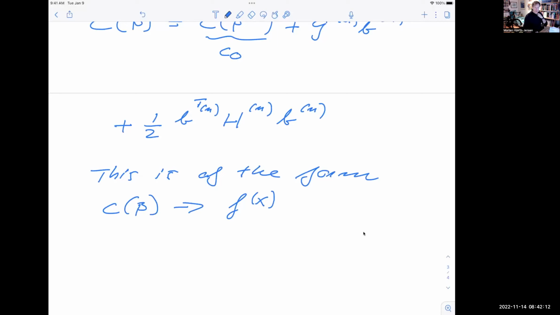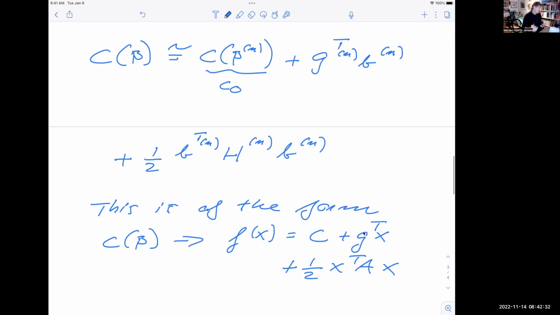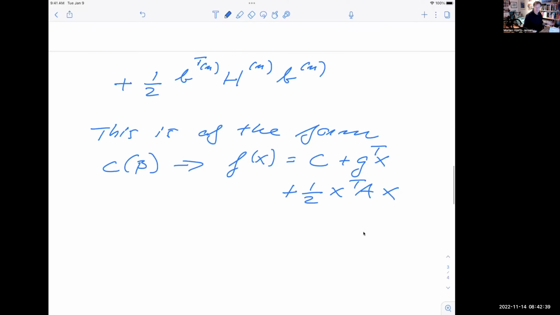It can be any function, and x is a vector, and this contains a constant c plus a gradient transpose times x plus 1/2 of x transpose times a matrix A, where A is actually the Hessian matrix. So the only thing I've done now is just to try to generalize this expression. So x is the unknown quantity, in the same way as b was the unknown quantity in the previous equation. So x is the unknown.